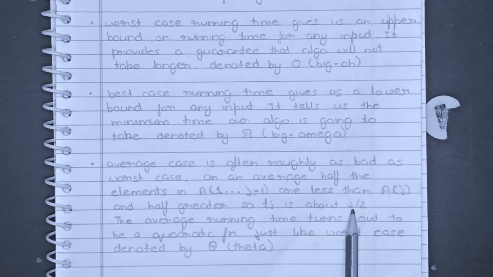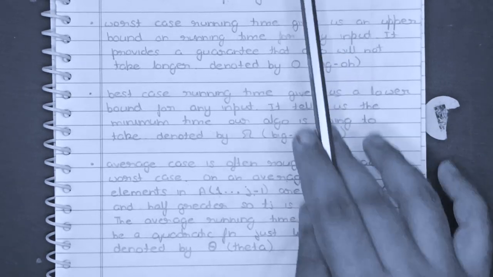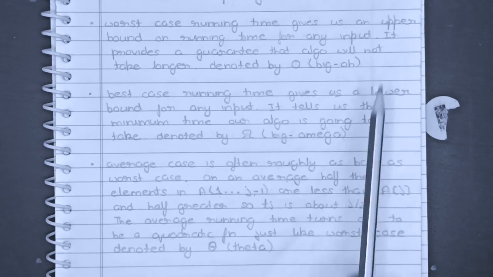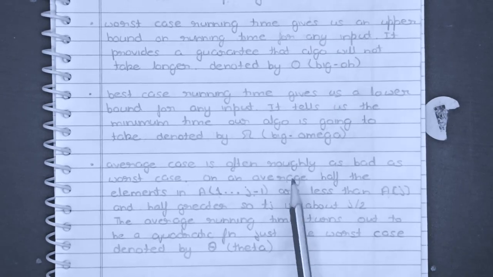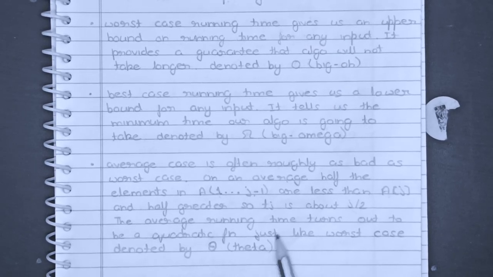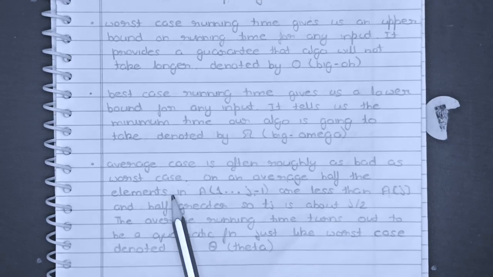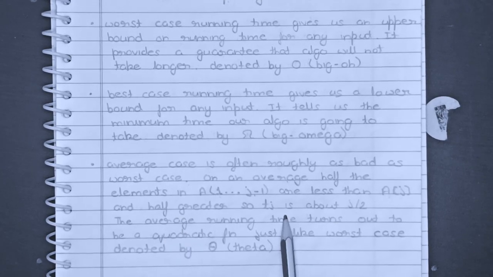So if we replace j with j by 2 in the previous equation, our result will be the same. We will still get a quadratic equation. So we can say that theta is almost the same as the worst case time complexity.